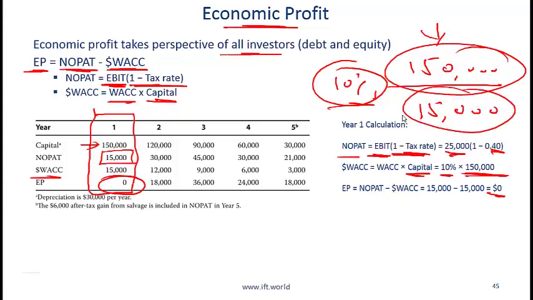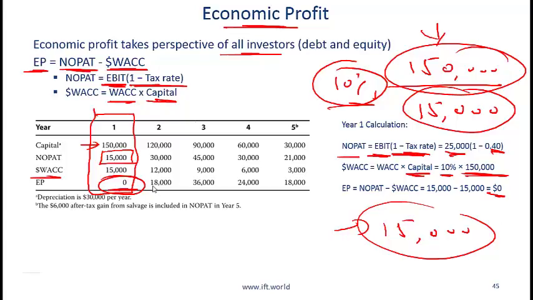And what is the amount of money that is being generated from this investment? That money is also 15,000. So even though in accounting terms you might say that, look, we generated 15,000, in economic terms, when you consider your opportunity cost, when you consider the fact that you have to spend 15,000 to raise this capital, the economic profit is actually 0.